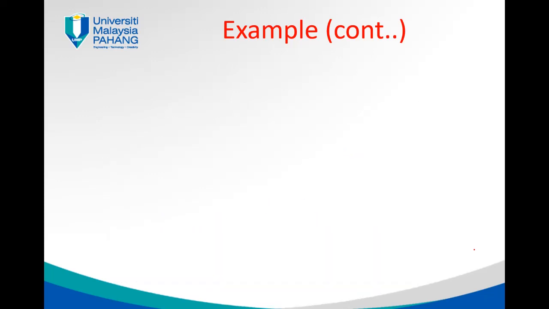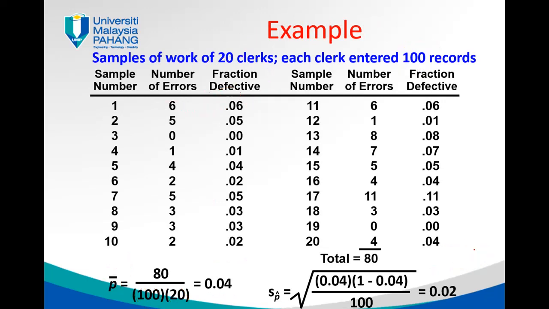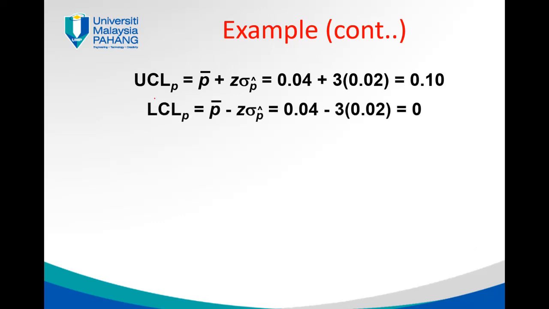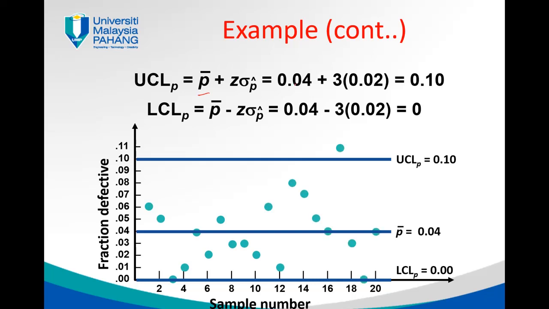From there we can calculate the upper control limit and lower control limit. UCL is P bar plus Z times the standard deviation: P bar is 0.04, Z is 3.0, the standard deviation is 0.02, so you get this number.